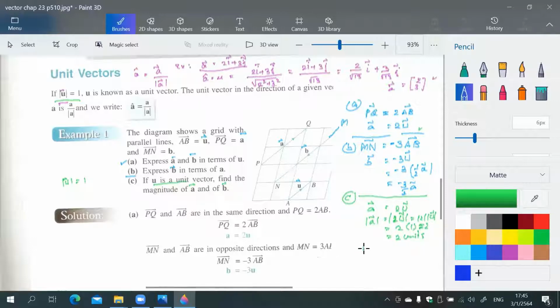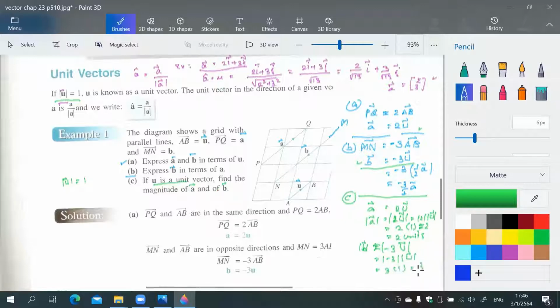Now find the length of vector B. We can use this one: vector B equals minus 3 vector U. Then write the absolute value. It becomes negative 3 times the length of vector U. Because of the absolute value, it becomes positive, and the length of U equals 1.